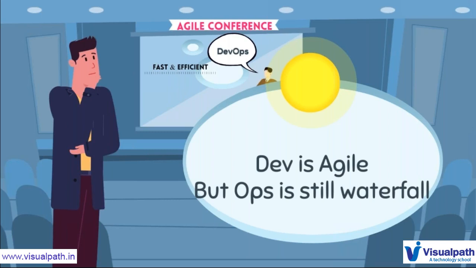He talked about how development has become agile, but operations is still waterfall, still slow. If you want efficiency, if you want faster delivery, then you need to include DevOps, a combination of development and operations. And that's where the DevOps movement really started.